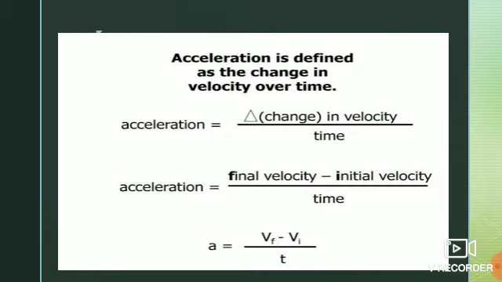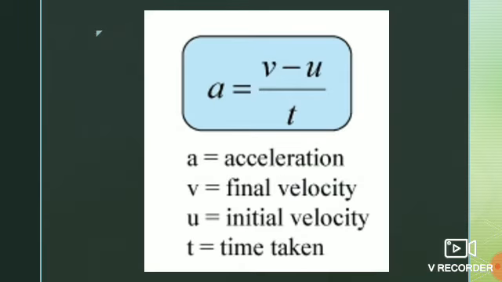In your book, the expression is given as a = (v - u) / t, where a is the acceleration, that is the change in velocity, v is the final velocity where the ball reaches the bottom, and u is the initial velocity where we release it at the top. To reach from initial to final, the time taken is t.